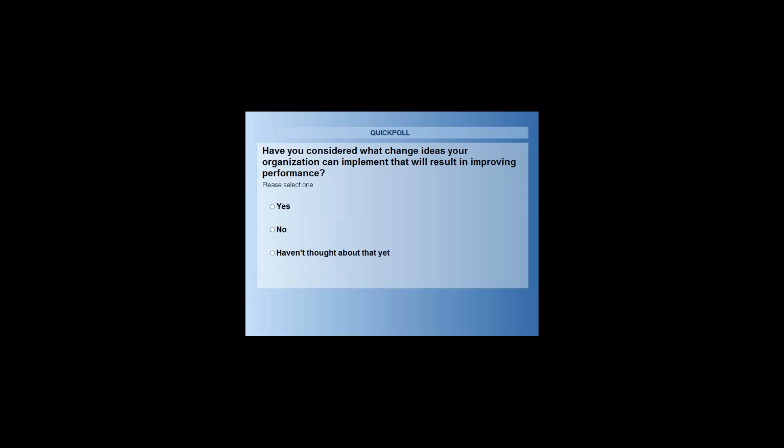And certainly agree with Trish about the root cause. Sometimes you just need to develop the change ideas before you get to actually doing some testing.